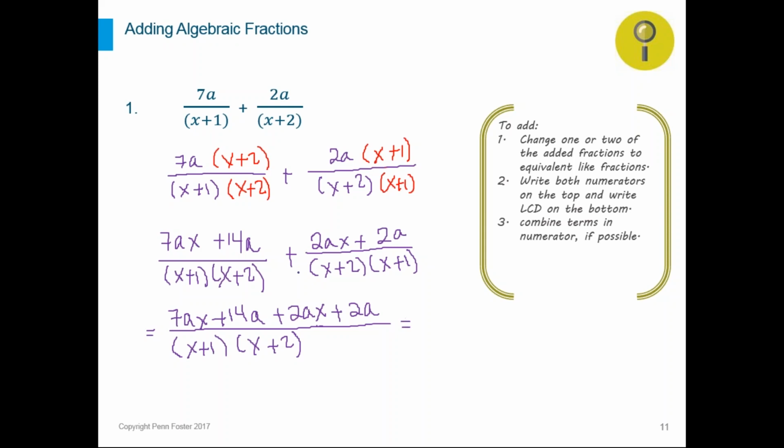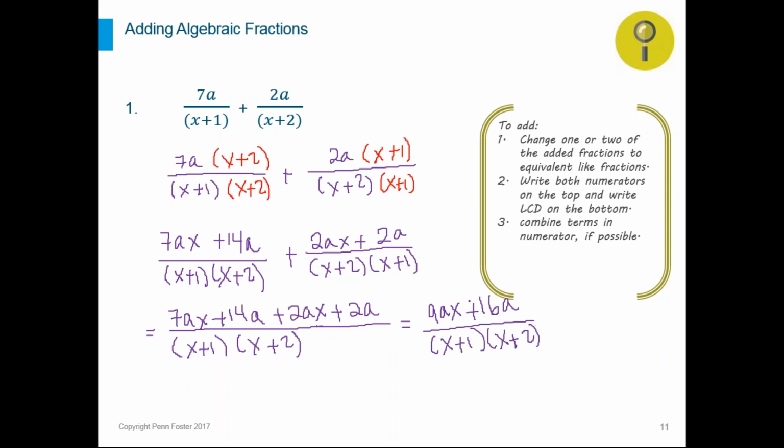So 7 and 2 will give you 9ax. And also I have 14a and 2a. I can combine them. 14 and 2 will give you 16, 16a over the denominator that we came up with. And that's it. That is my answer.